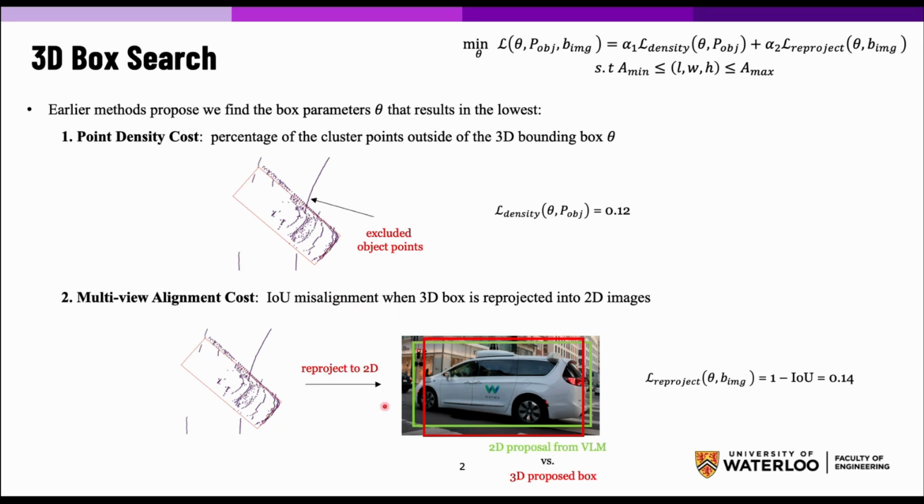So you can see that the reprojected box here is slightly off. And because of that, you might accumulate some loss. So what this term indirectly does is not only force the box to be tighter, but you also get some orientation cues from this term, right?